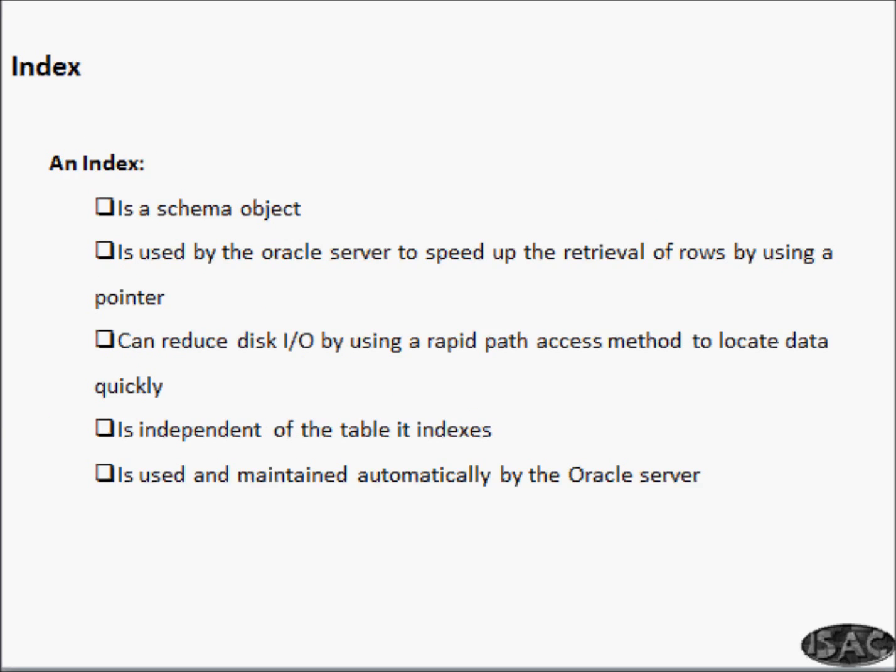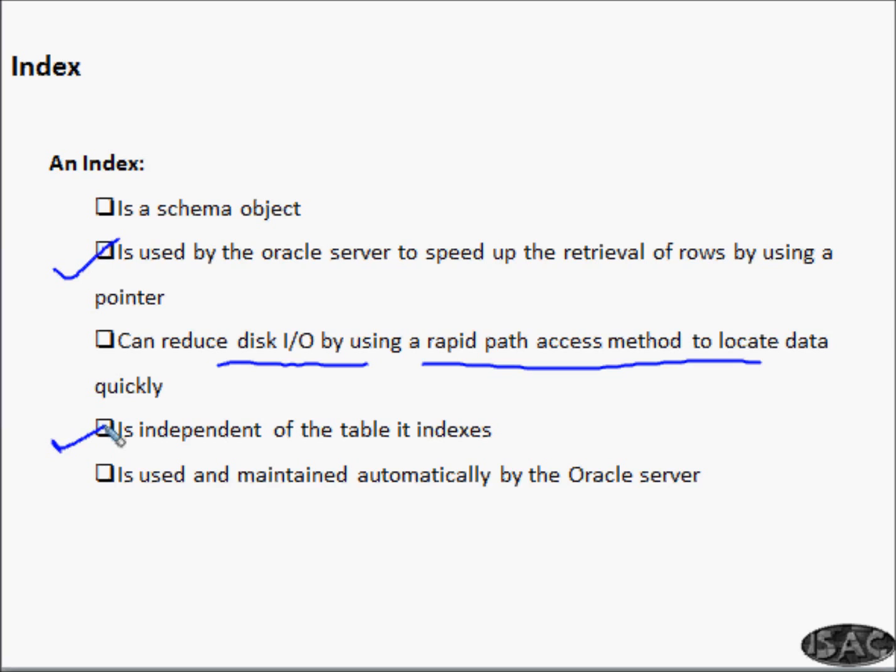Next is the index. What is an index? Why should we create an index? I can say an index is again a schema object which is used by the Oracle server to speed up the retrieval of rows by using a pointer, right? It can reduce disk input output by using a rapid path access method to locate data quickly, and is independent of the table it indexes.